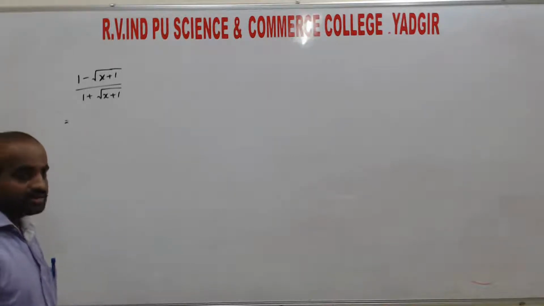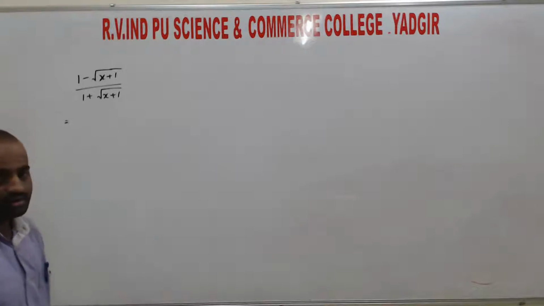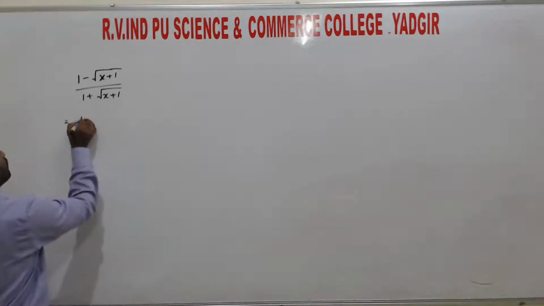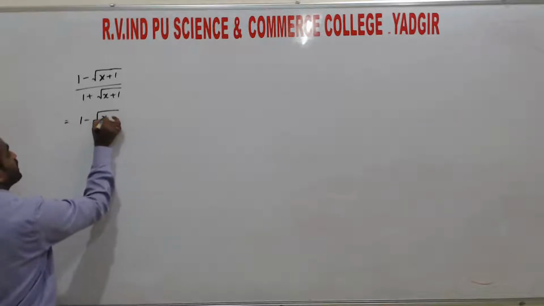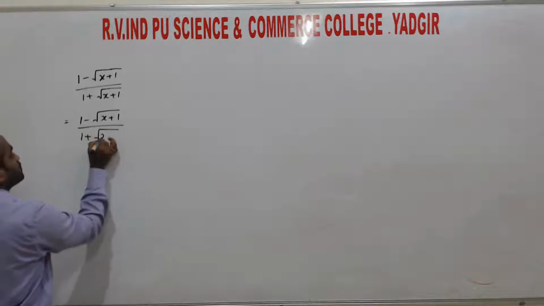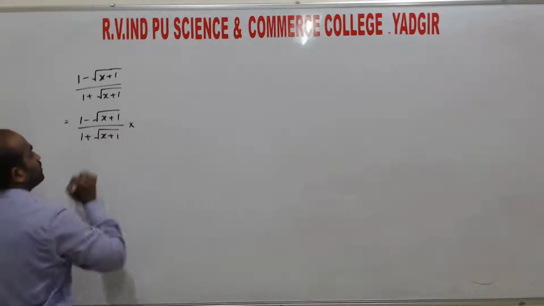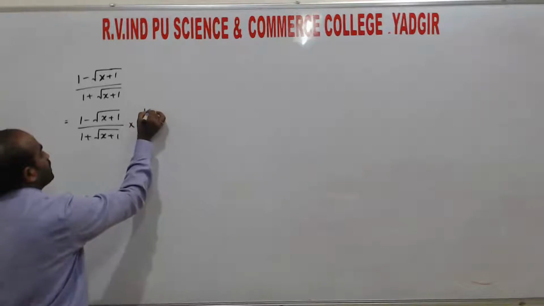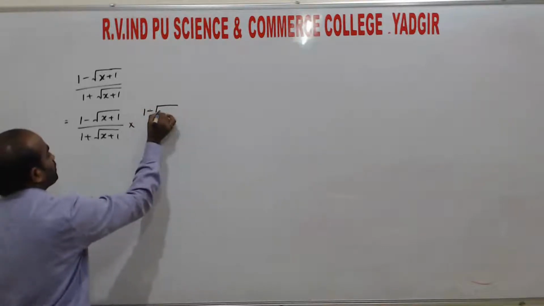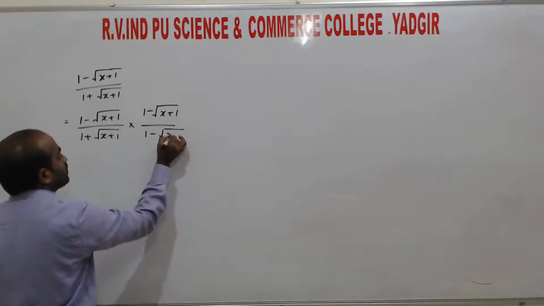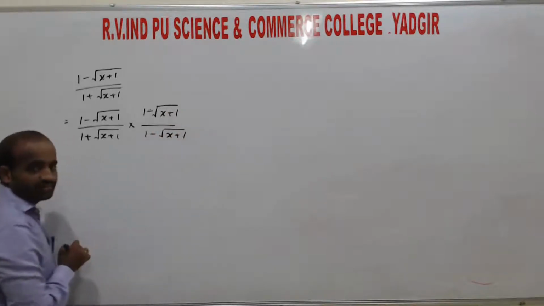Okay, multiply the numerator and denominator by the conjugate of the denominator. Okay, 1 minus root of x plus 1 divided by 1 plus root of x plus 1, multiply and divide by 1 minus root of x plus 1, the conjugate of the denominator.